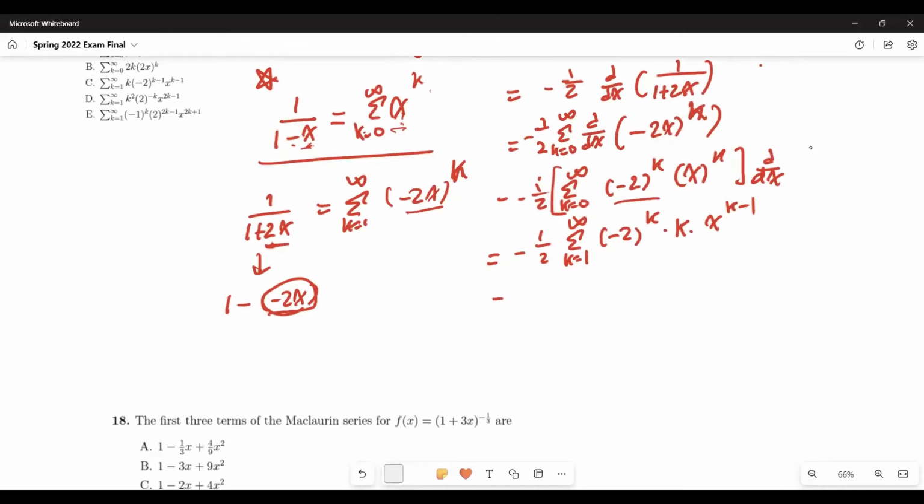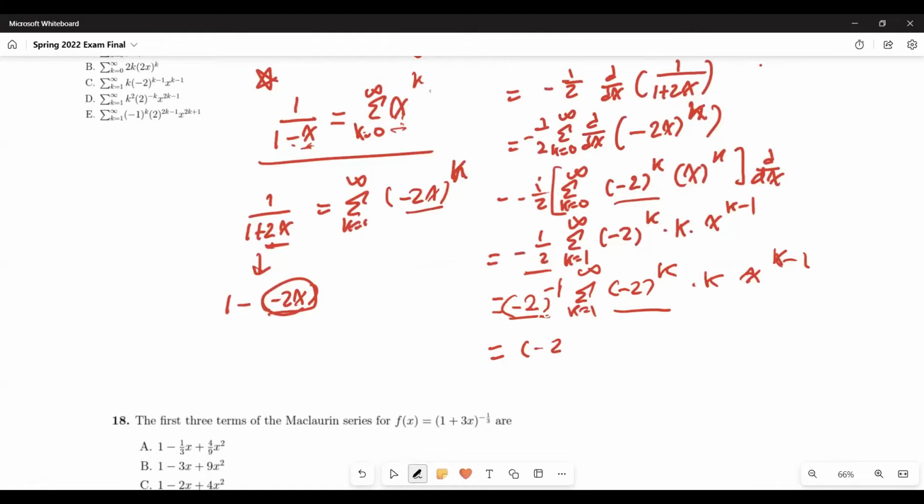And then this negative 1 over 2 can be written as 2 to the negative 1, right? And actually this is going to be negative 2 to negative 1 because it's negative sign in front. So negative 2 to the negative 1 power. This is k equals 1 to infinity, negative 2 to the k. And then this is k times x to the k minus 1, right. So this negative 2 to the negative 1 power and negative 2 to the k power can be grouped together.